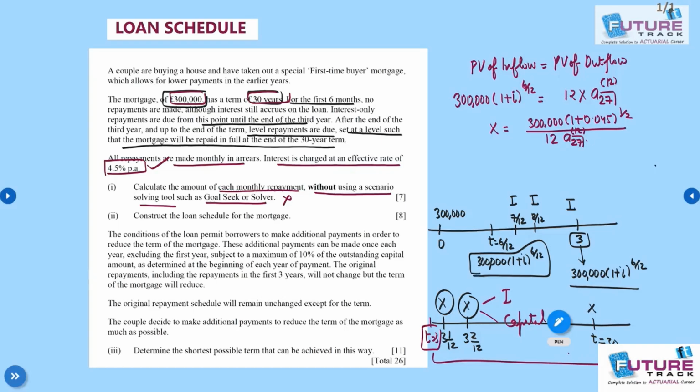If we write the annuity formula, this is 1 minus 1.045 raised to power minus 27 divided by i12, 12 into 1 plus i raised to power 1 by 12 minus 1. Class, this is the formula which we have to apply in Excel to get the installment amount. And once you get the installment amount, we have to construct the loan schedule for this mortgage. So class, this is briefly how we have understood the question.